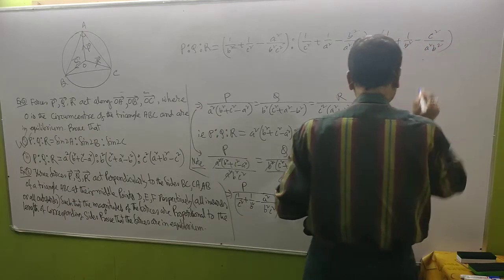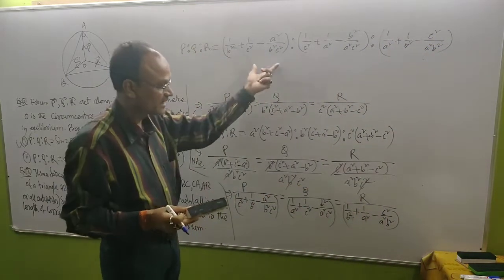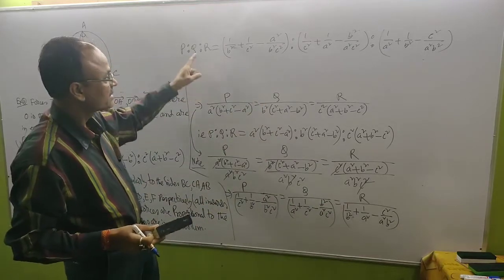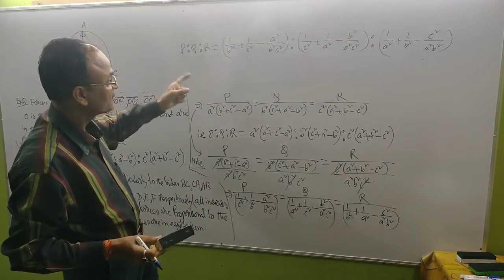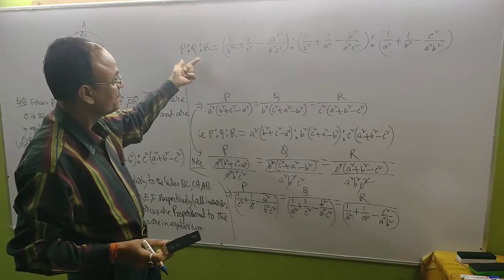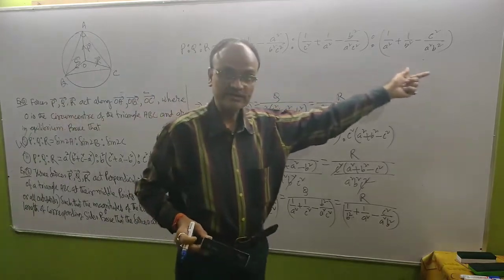You may write in this way also. Sometimes you may be asked to prove that P is to Q is to R is equal to this.